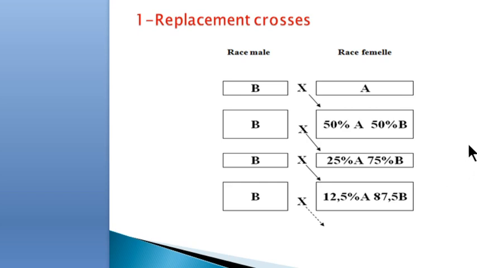But the advantage is that it gives time to the beneficiary population to get used to the genetic merit or the genetic improvement or gain with all the constraints that go with it.